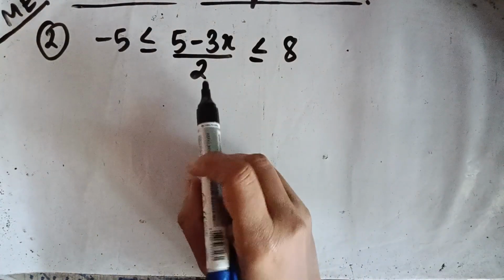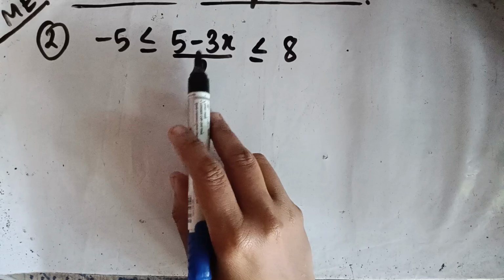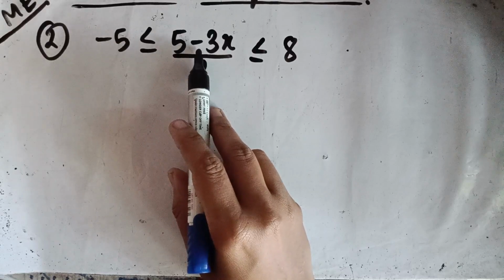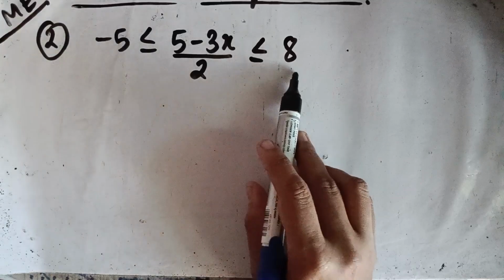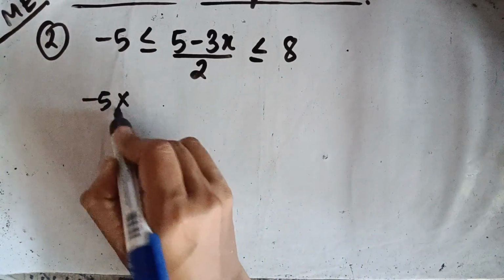Okay, second question. So here we have to make this x, so we have to remove this 2 first, so we can multiply 2 to all three numbers.